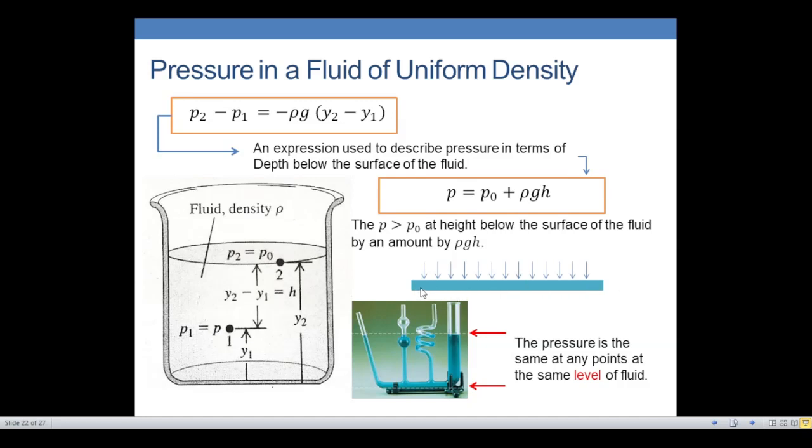So the pressure is the same at any points at the same level of fluid. What pressure you get from this point here is the same if we measure it here, at this container or cylinder, and also in this other cylinder. And if we measure the pressure at the bottom of this device, the pressure is the same at this point or any point.